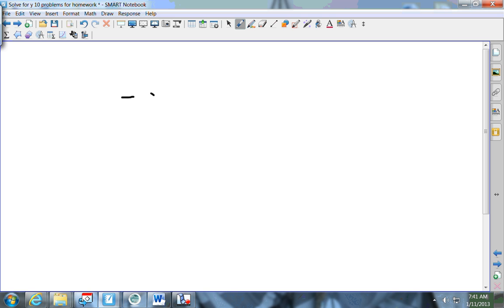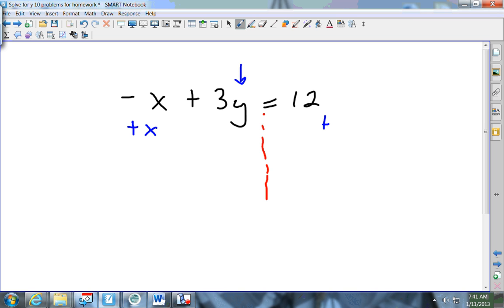Next one, negative x plus 3y equals 12. Again, remember trying to get y by itself. Do addition and subtraction. Add x to each side. 3y equals x plus 12.